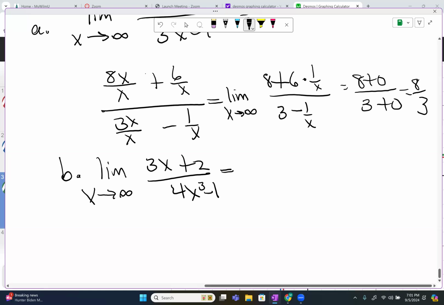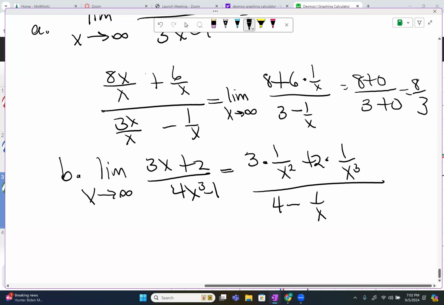This becomes 3 times 1 over x squared plus 2 times 1 over x cubed, over 4 minus 1 over x cubed.